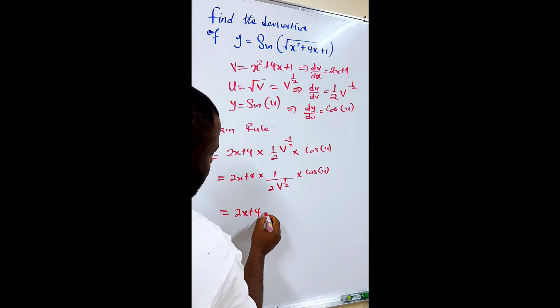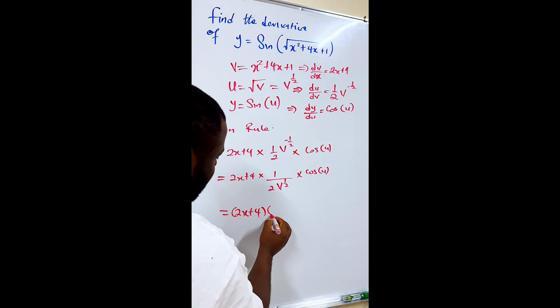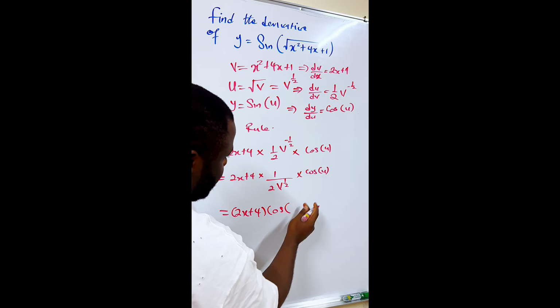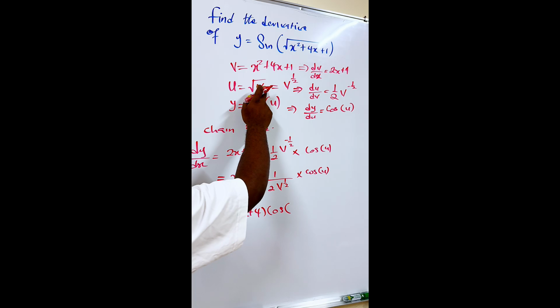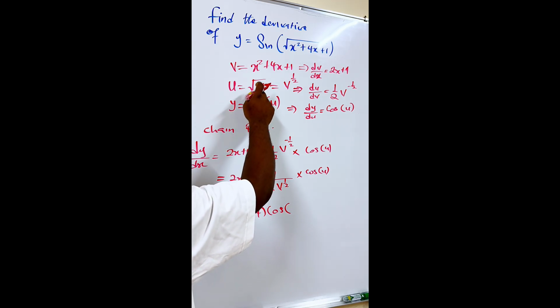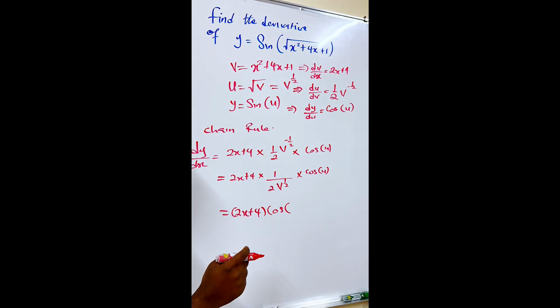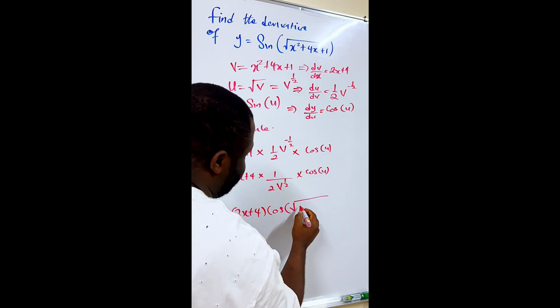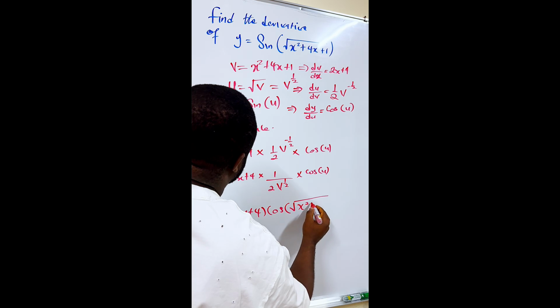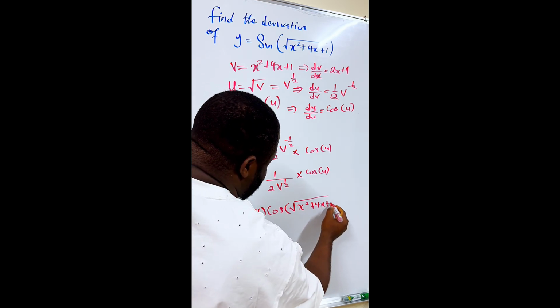Then multiply by cos u. What is u? u is the square root of v. And what is v? v is this quadratic. So we now have the square root of x squared plus 4x plus 1.